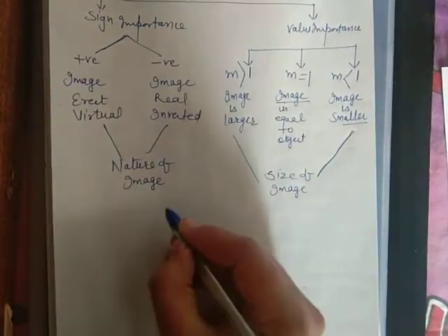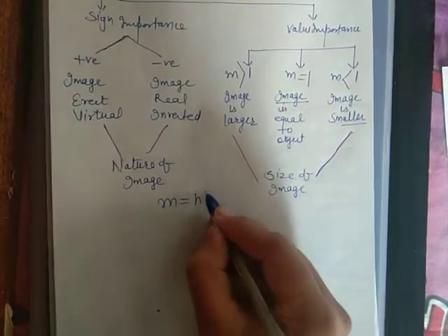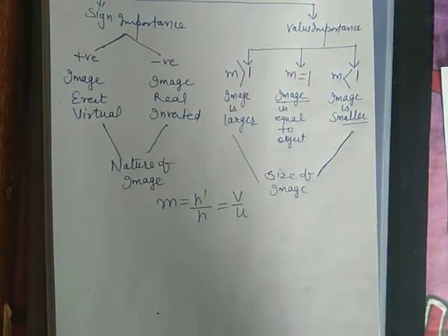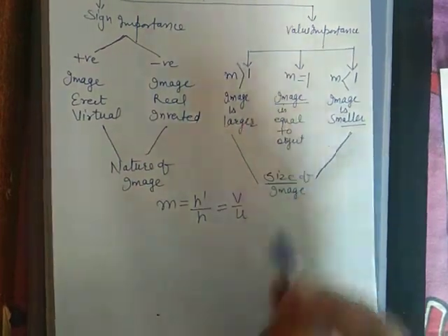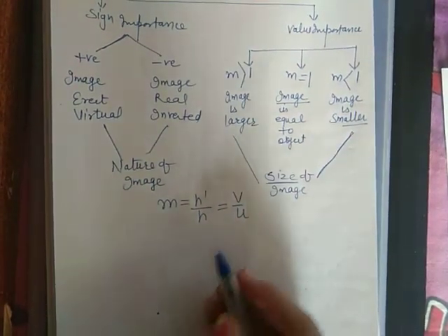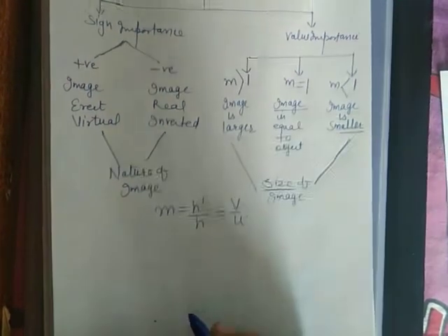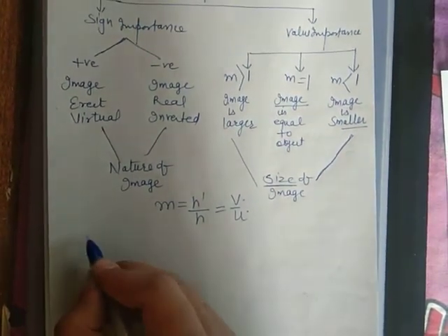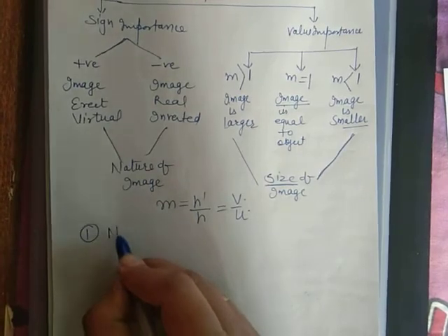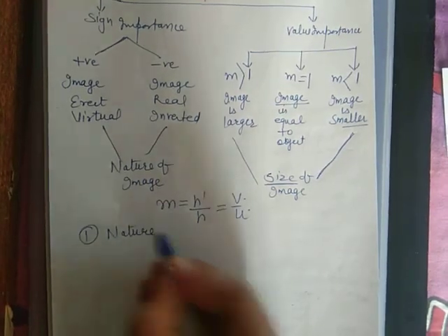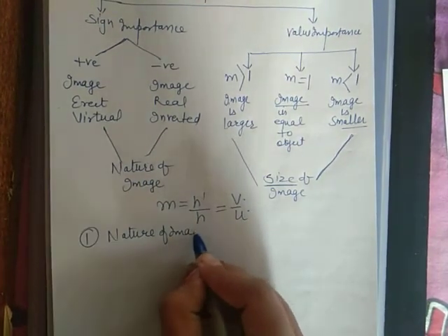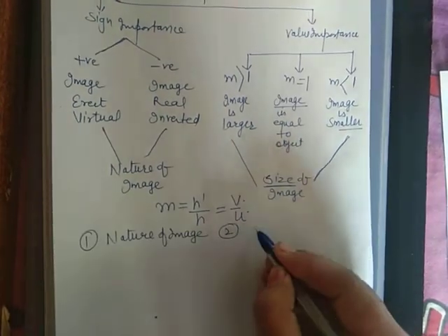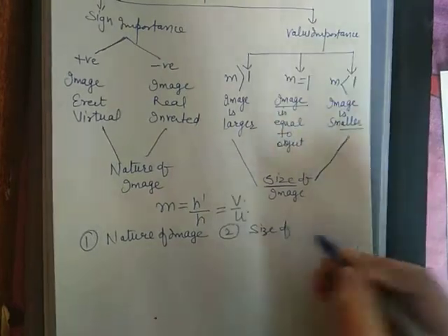And we have come to know that m is equal to h dash upon h, that is equal to v upon u. If size of image is known to you, then you can also find out the distance or position of image. So what is the importance of m? Number 1, it provides us information regarding nature of image. Number 2, it provides us information regarding size of image.